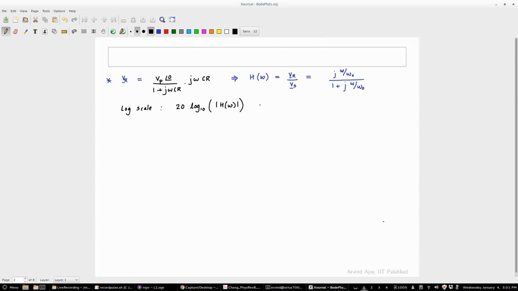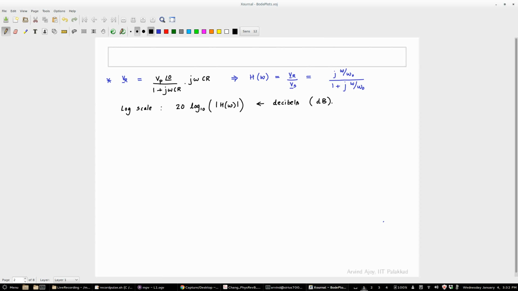So we plot the magnitude in terms of what's known as the logarithmic scale. Specifically, we plot the quantity 20 log base 10 of modulus of H of omega, and the quantity is referred to as the number in decibels, abbreviated as dB.